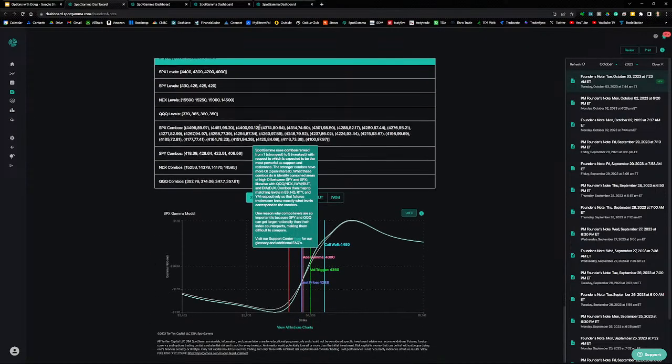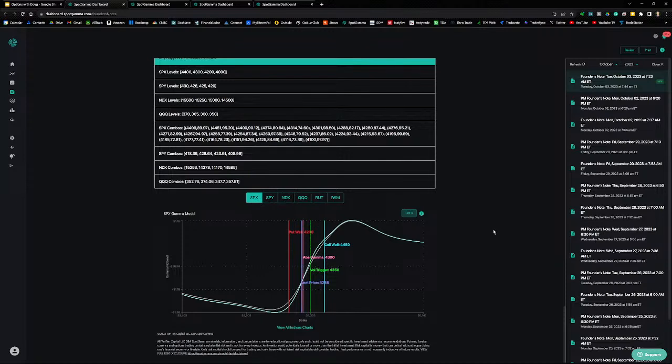I want to take a look at this gamma model. This is for SPX. So when I talk about the gamma curve, this is what I'm talking about, this curve right here. And the key levels are shown on this chart. So here's the put wall, for example.